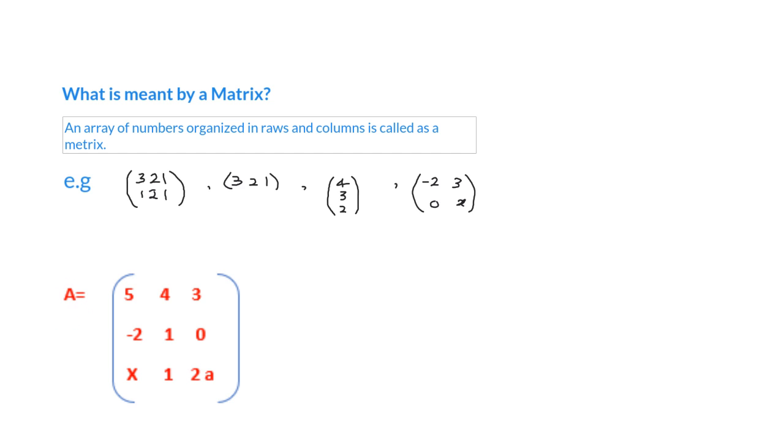Now, look at this matrix. Normally, we name a matrix with a capital letter. And here you have matrix A equal 5, 4, 3, minus 2, 1, 0, x, 1, 2a. Here you have algebraic expressions also, and negative numbers, zeros. We name matrices with capital letters.